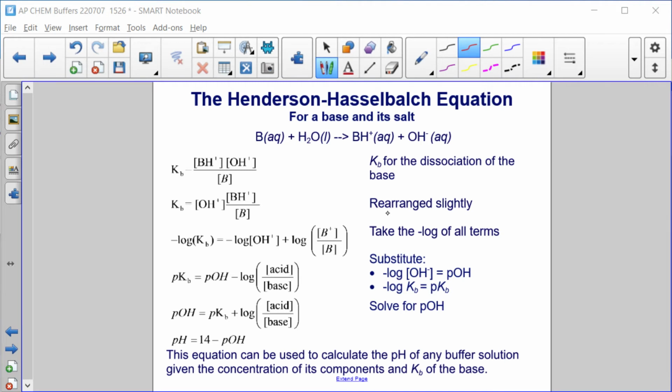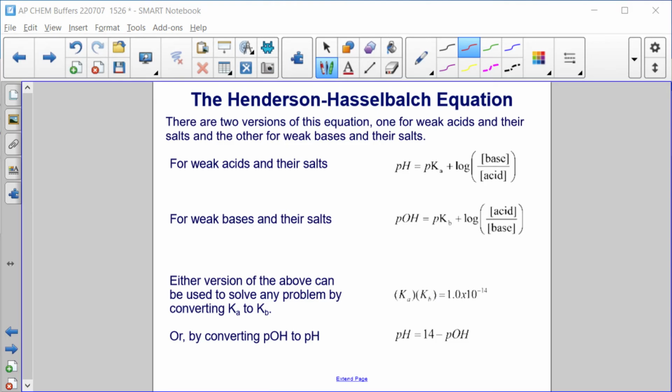So this form of the Henderson-Hasselbalch equation can be used to calculate the pH of any buffer solution given the concentration of its components and the Kb of the base. There are two versions of this equation, one for weak acids and their salts, which is this one here, and the other for weak bases and their salts.